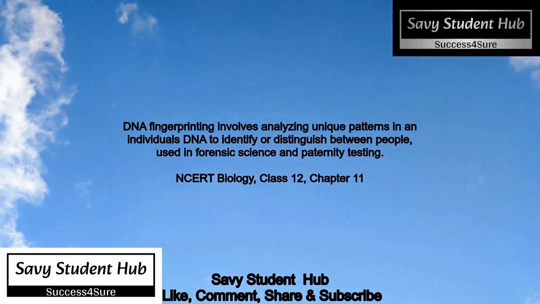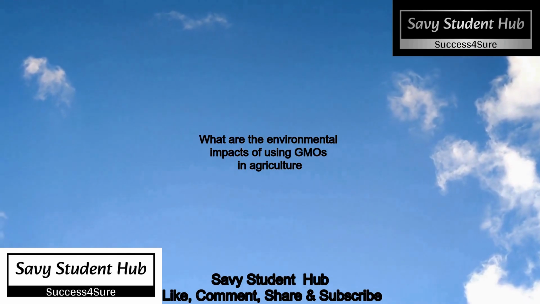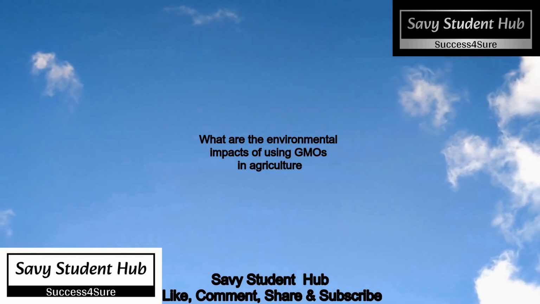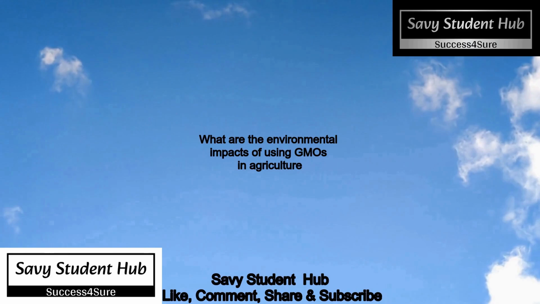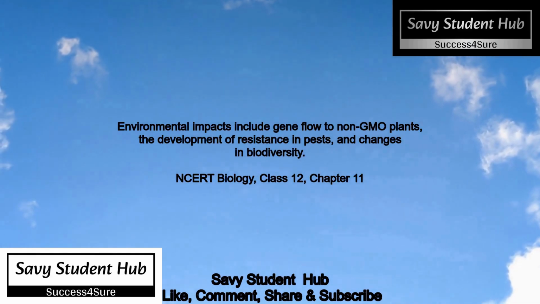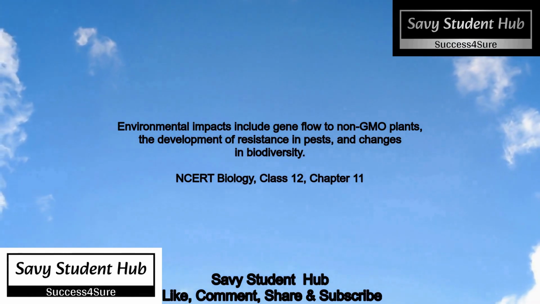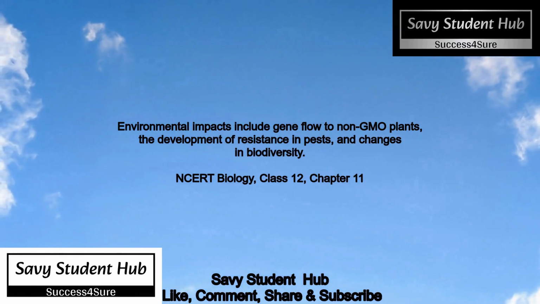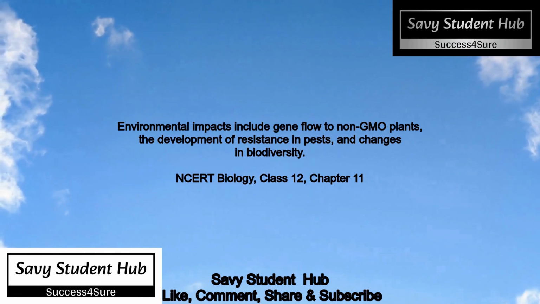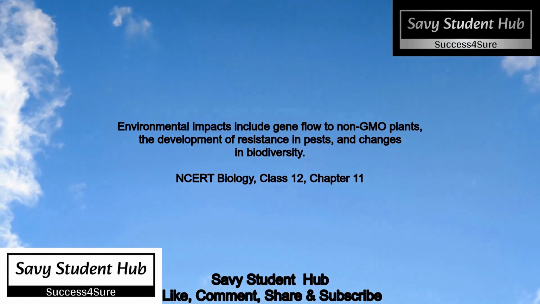and paternity testing. What are the environmental impacts of using GMOs in agriculture? Environmental impacts include gene flow to non-GMO plants, the development of resistance in pests, and changes in biodiversity.